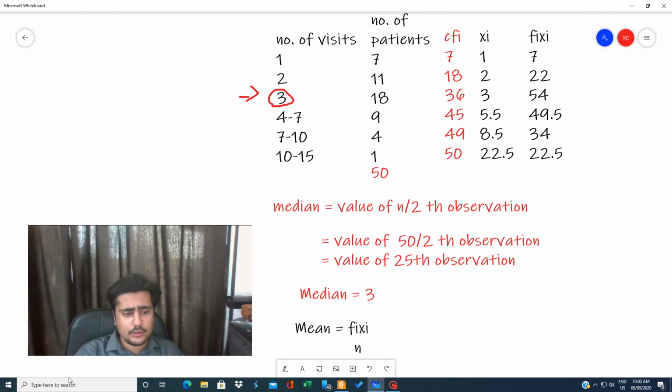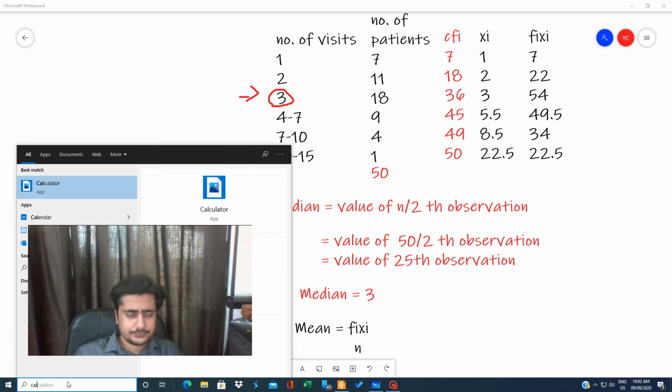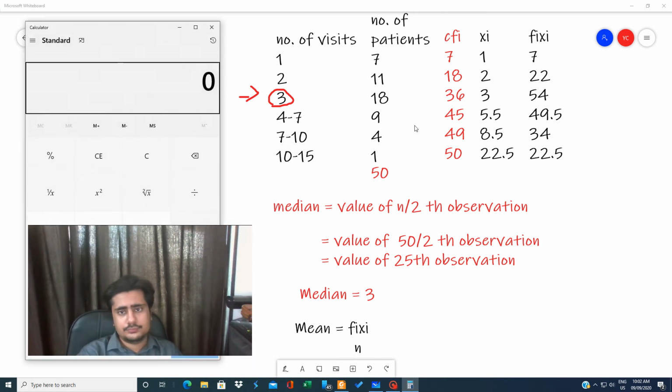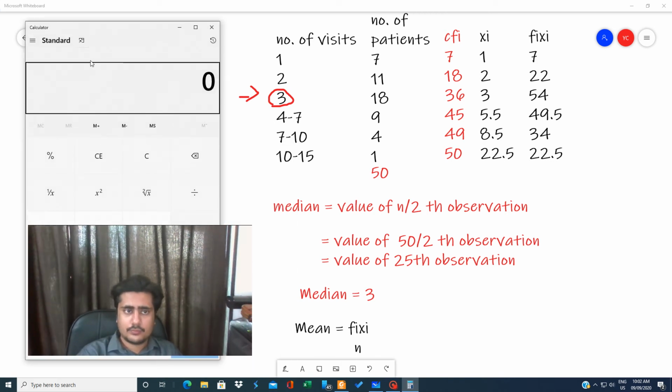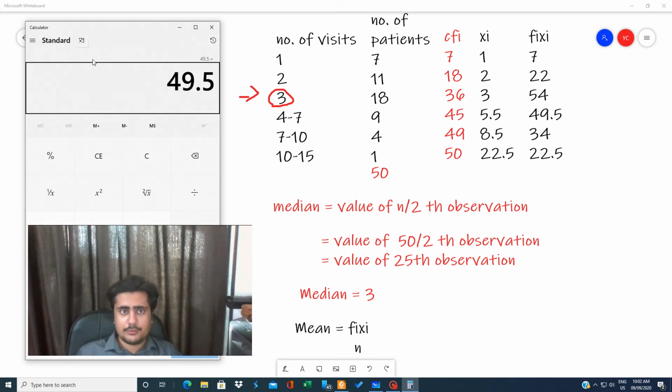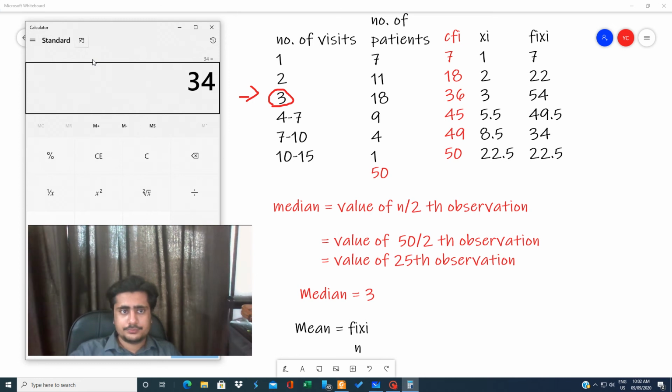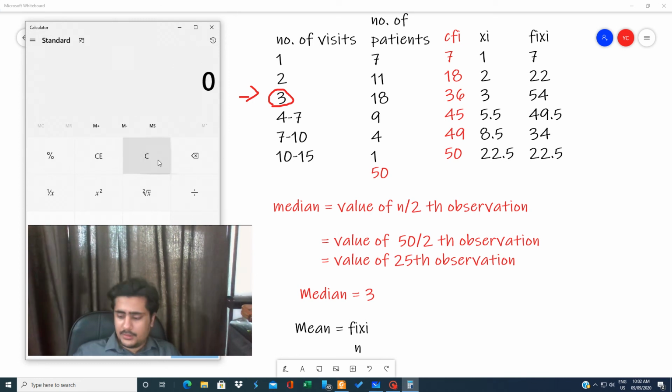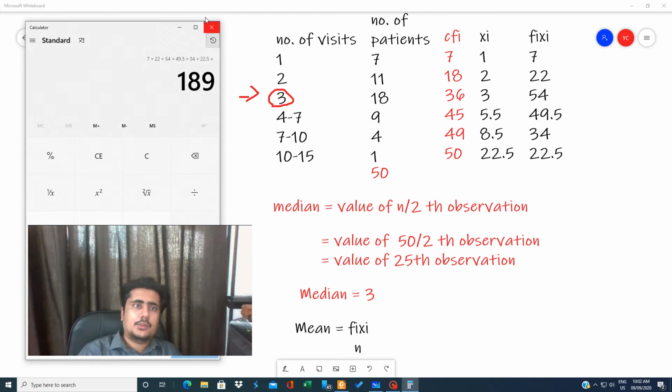Now what is the total of this? Let's do the total: 7 plus 22 plus 54 plus 49.5 plus 34 plus 12.5 is 189.